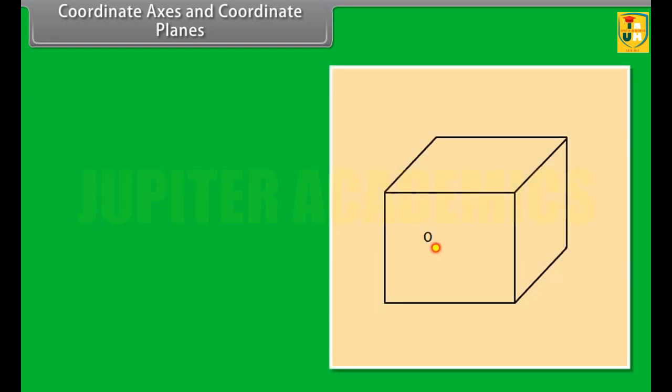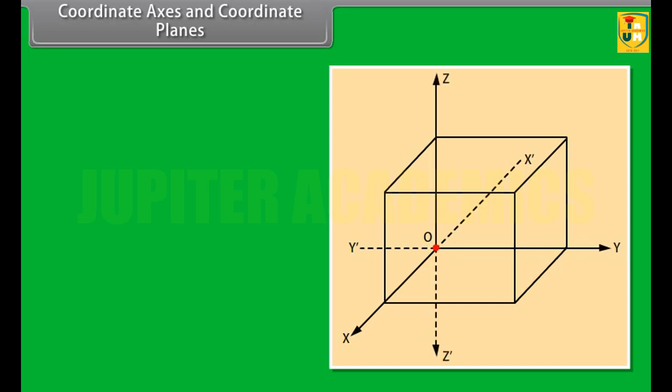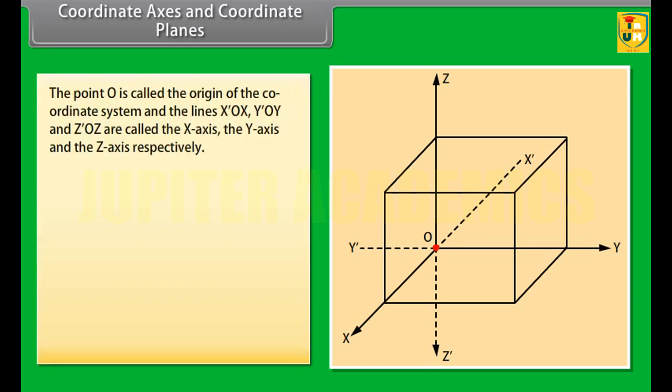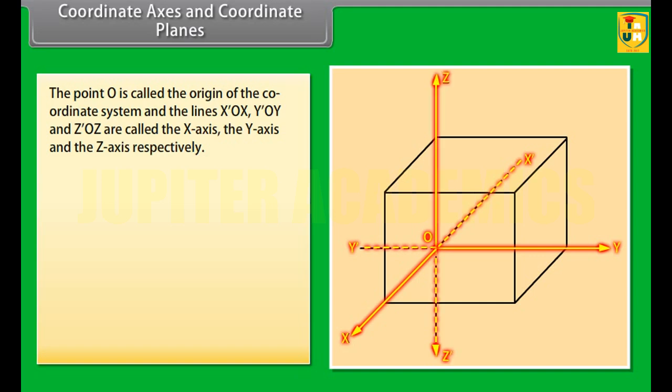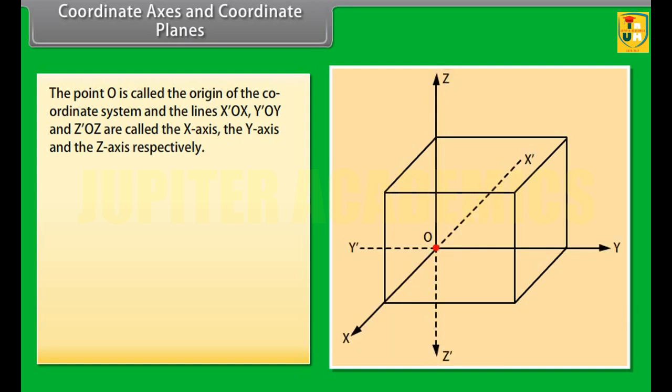Let us start with an arbitrary point O in space and draw three mutually perpendicular lines X'OX, Y'OY, and Z'OZ through O. The point O is called the origin of the coordinate system, and the lines X'OX, Y'OY, and Z'OZ are called the x-axis, the y-axis, and the z-axis respectively.